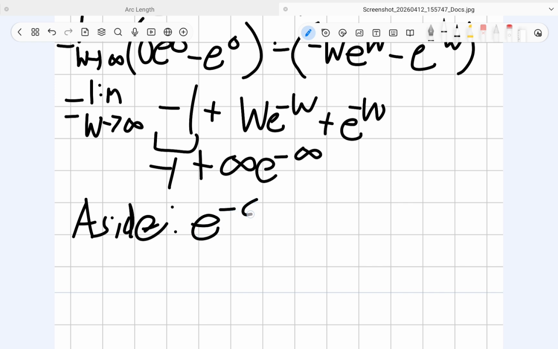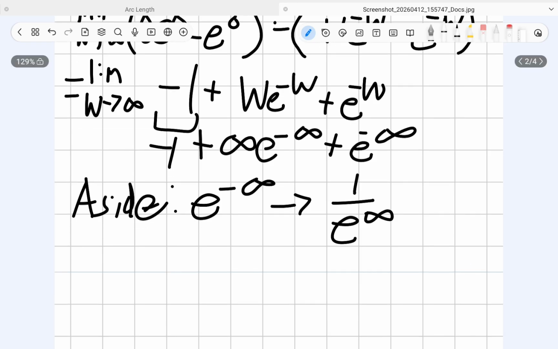We're going to do e to the infinity. So e to the negative infinity, you can rewrite this as 1 over e to the infinity. Remember your inverse. Now e to the infinity is going to be infinity. And it's going to be over 1.